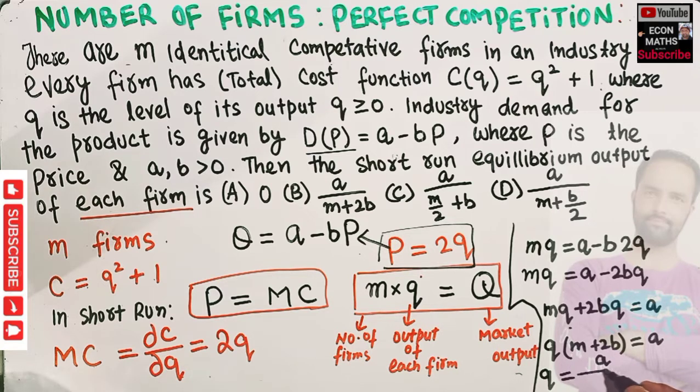Transposing this term to the RHS, it gets divided. That means the short run equilibrium output of each firm is A upon M plus 2B. That means each firm in this market will supply this amount of output.